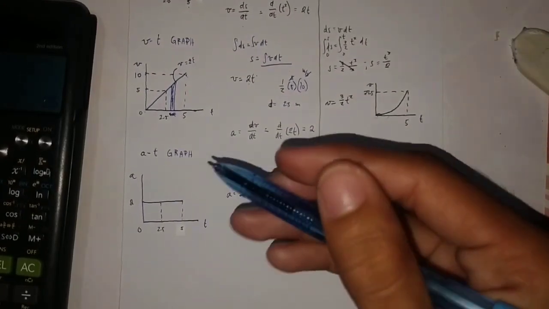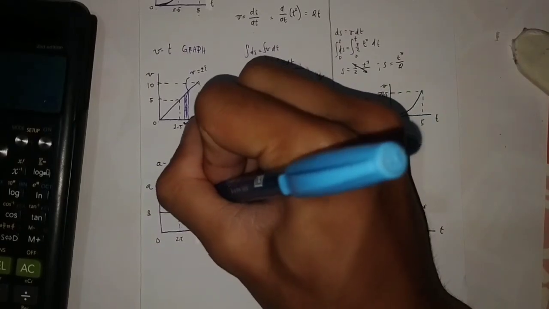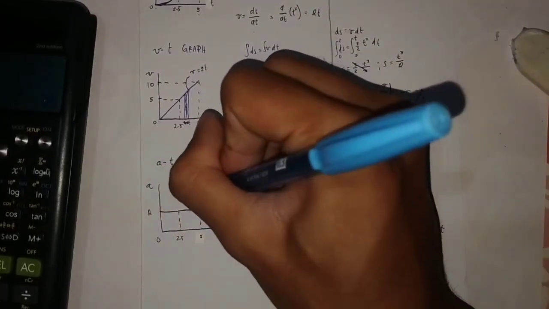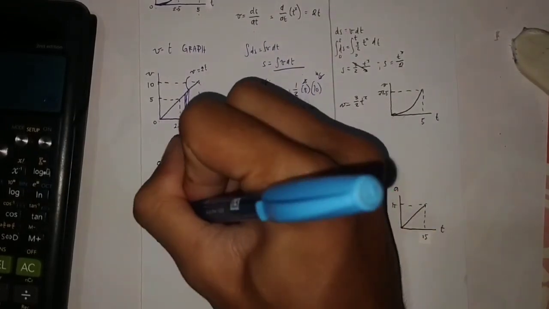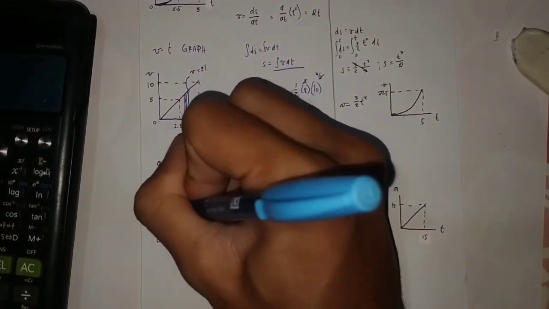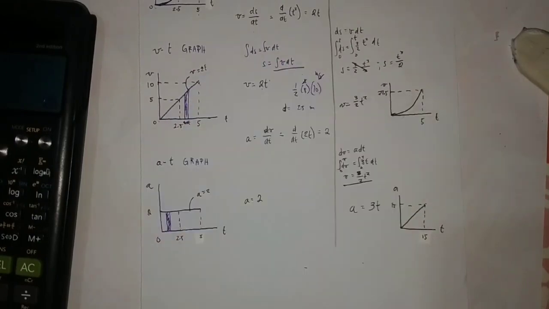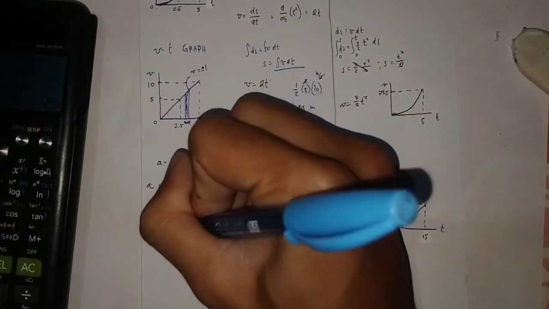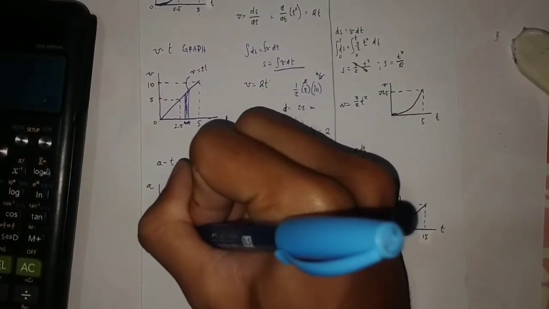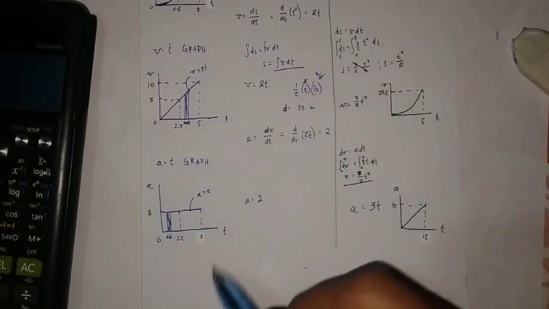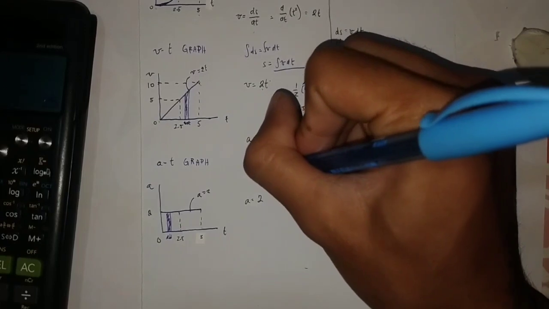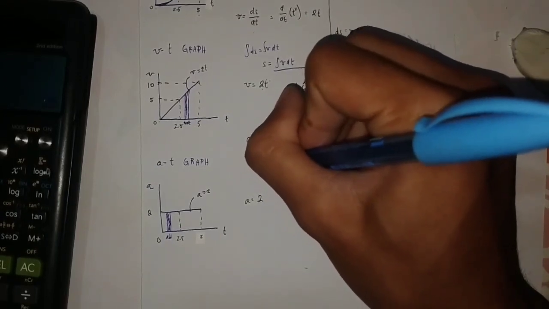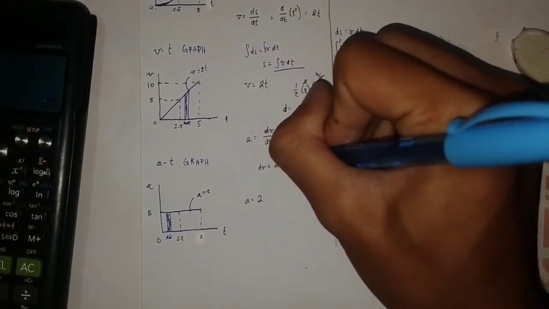And then for acceleration, the line here for the graph is your acceleration, and the area under here would be your velocity. We have a dt, since we also have the formula a is equal to dv over dt. By integration, we have dv is equal to a dt.